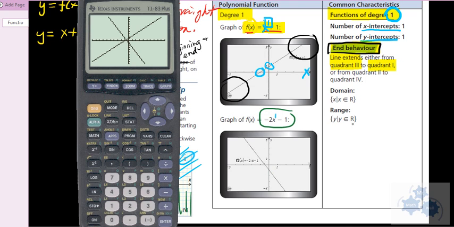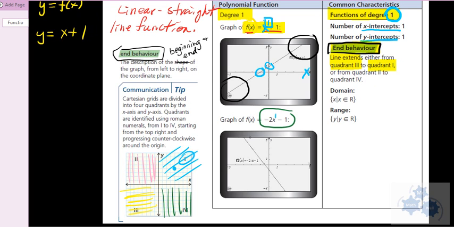So if we take a look at the characteristics of a linear function, it still has one x-intercept somewhere around there. It still has one y-intercept somewhere around down there. But the end behavior is different, isn't it? This particular graph begins in quadrant 2 and ends in quadrant 4.